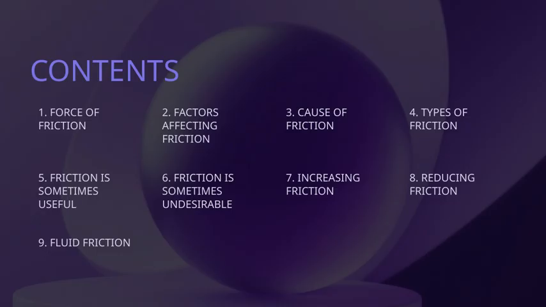That leads us to reducing friction, which is often desirable to save energy or prevent wear and tear. Finally, friction is sometimes undesirable, especially when it causes unnecessary resistance or damage. Understanding these aspects helps us control friction effectively in various applications.